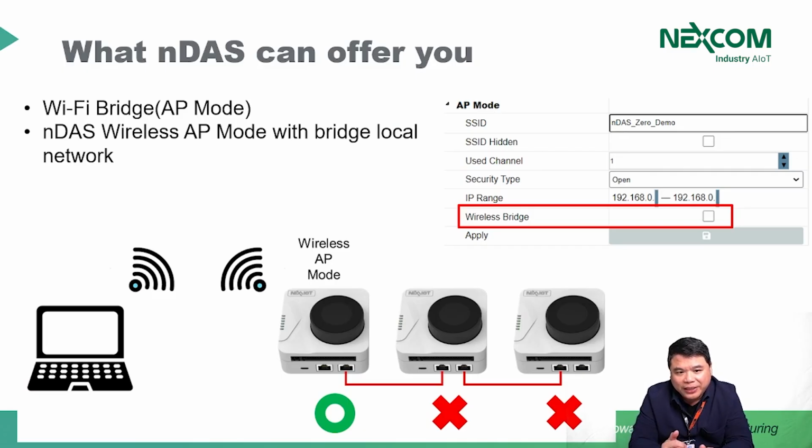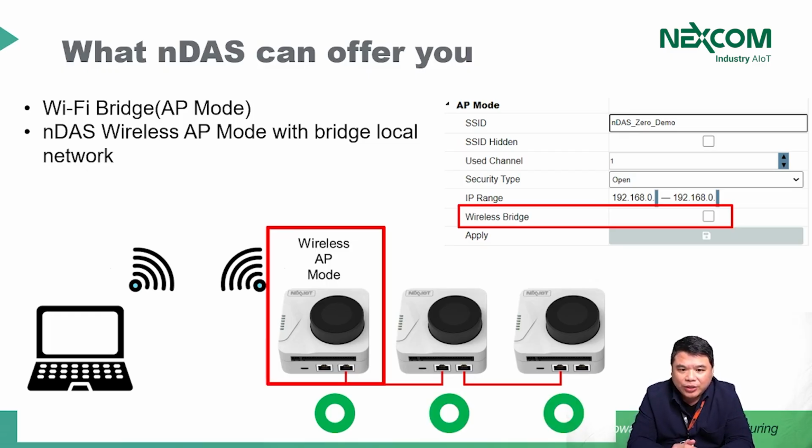Traditionally, if you want all devices to be Wi-Fi, every device needs a Wi-Fi card. But now we have decided on the wireless bridge. Wireless bridge means only the first device has the wireless card, and the others can choose to communicate via the LAN. So you can think of this function as WAN to LAN, based on AP mode.